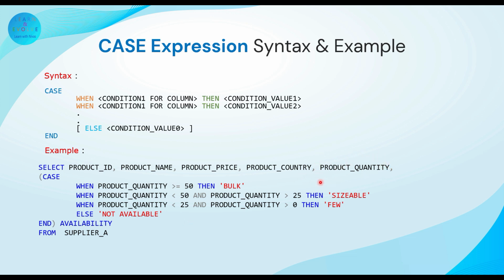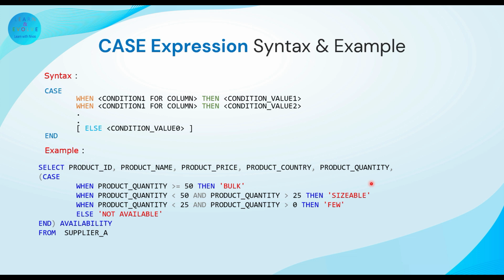There is a product quantity, but it becomes difficult for the user to understand below how much is a less quantity, or above which value is a bulk quantity or a moderate value, because that involves some logic behind it. If it is less than 10 or less than 25, it is critical.